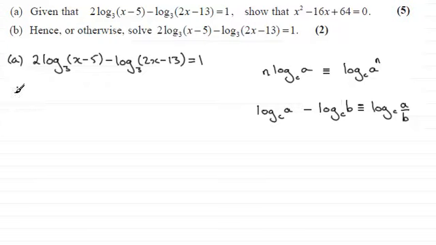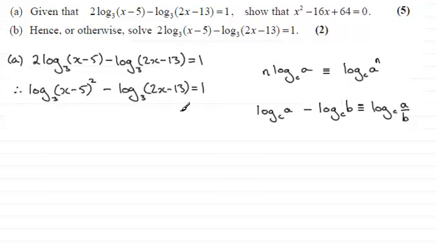So we need to remove that 2 by using this rule. We can say that therefore we've got the log of x minus 5 in base 3, but it's now all squared, minus the log of 2x minus 13 in base 3, and this equals 1. Now I've got a log of a value minus log of another value, so I can use this rule here.